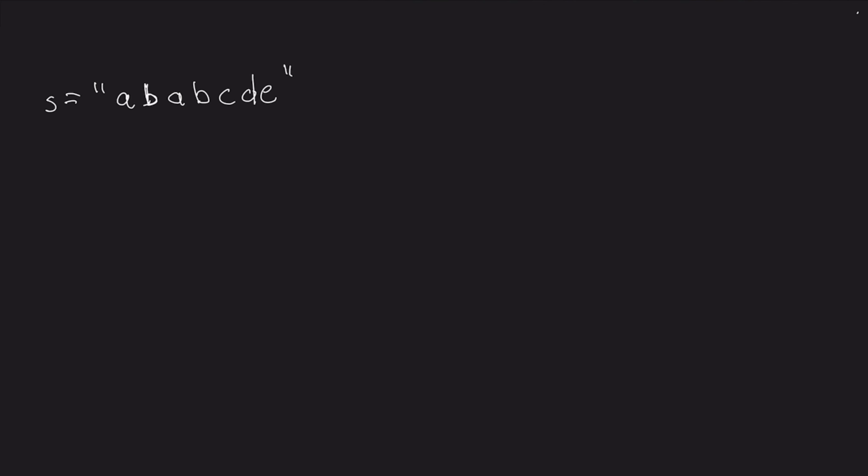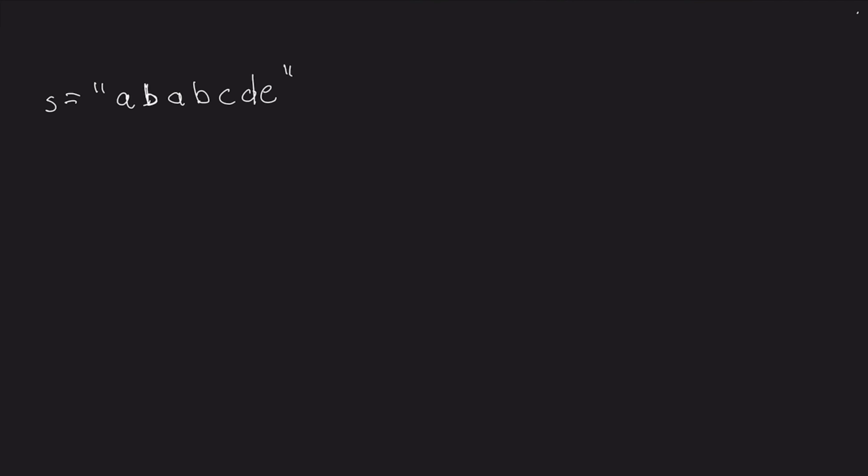If a substring has a repeating character, we will just reject it. But if the substring has all unique characters, so there are no repeating characters, we will be tracking what was the longest length of any of those substrings. And once we process all the substrings, we will know what is the answer to our problem.